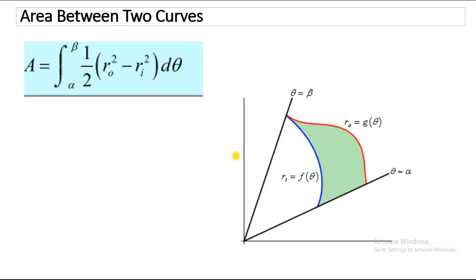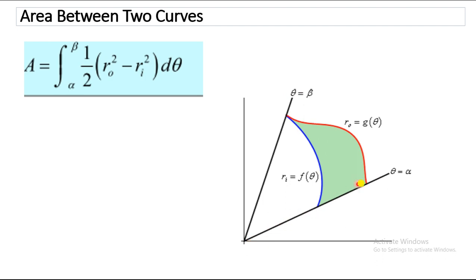Area between two curves. If there is a curve r_i equal f of theta and another curve r_o equal g of theta, the two curves between theta equal alpha until theta equal beta, the two curves intersect between two angles.